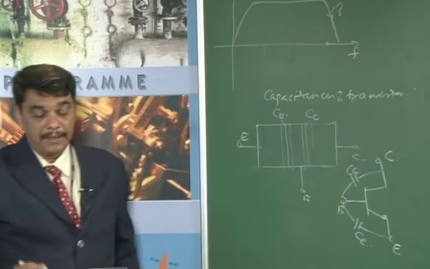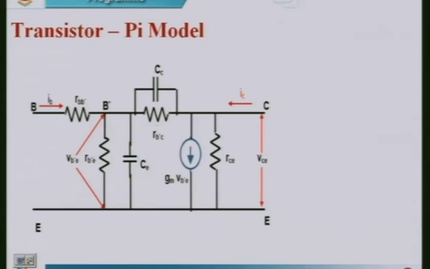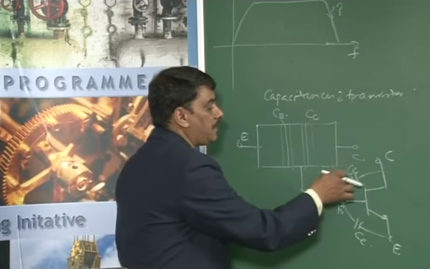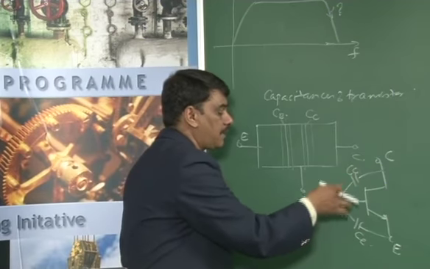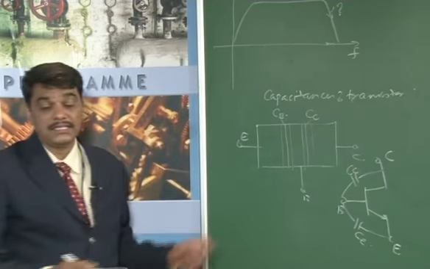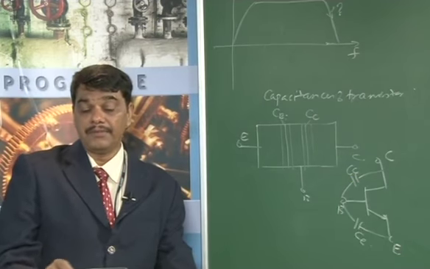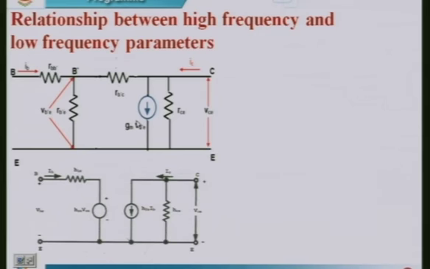Hence, in the hybrid pi model at low frequency, we remove the capacitances, because C_c and C_e are approximated as open circuited. So the transistor pi model at high frequency is shown in the first figure, and the second figure shows the hybrid parameters at low frequencies, with the capacitances removed.